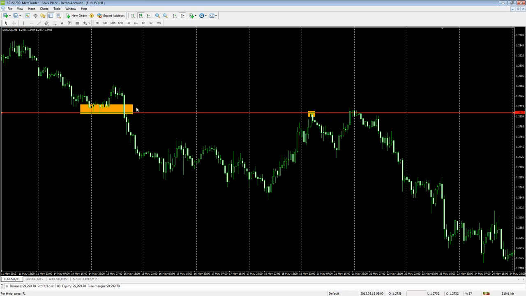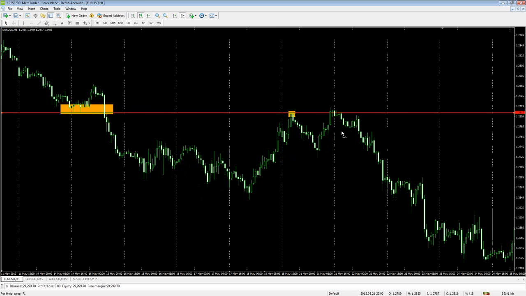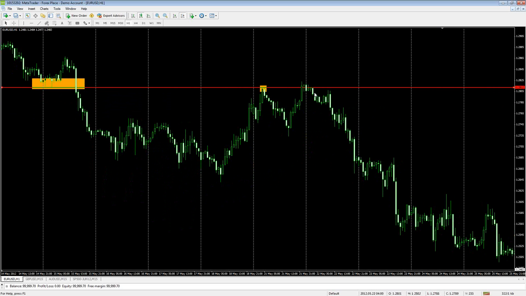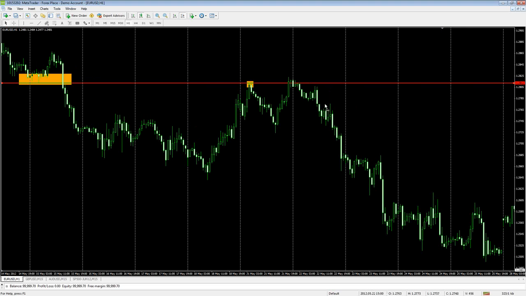And traders who know that a strong support level has been broken and may now turn into a resistance area are also looking to go short. So we have buyers closing their long positions, or selling, and sellers looking to go in and take short positions.